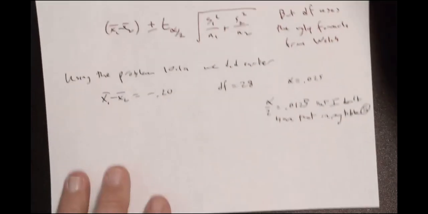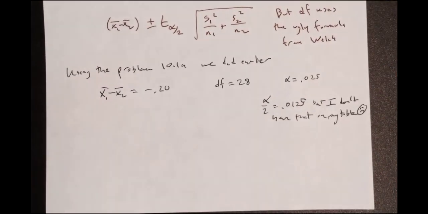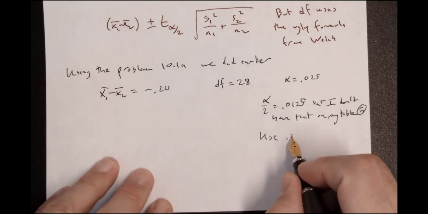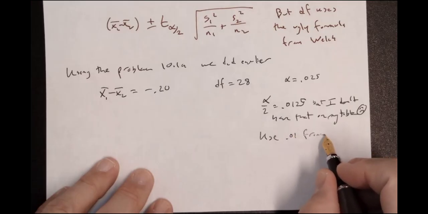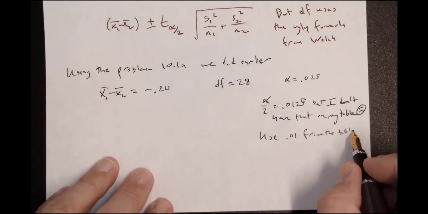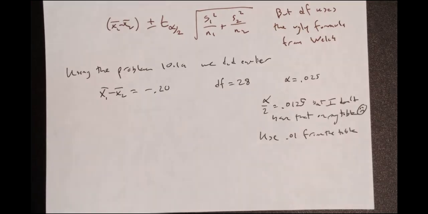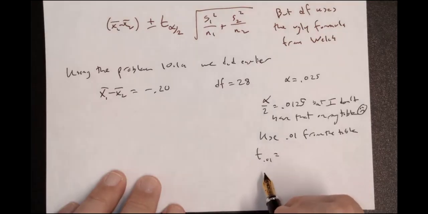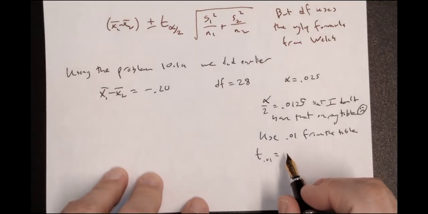So either I have to look this up using technology, or I can use alpha over 2 being 0.01 instead. So with a degrees of freedom of 28, alpha at 0.01 is 2.467.